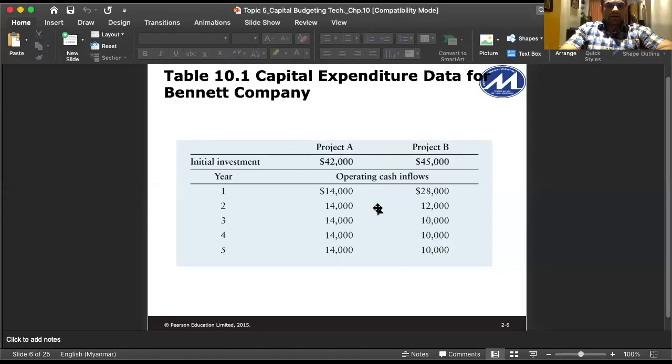Okay, so here is the question. You have two different projects, Project A and Project B. Using these cash flows, can you tell me which project we should select using the ARR method?